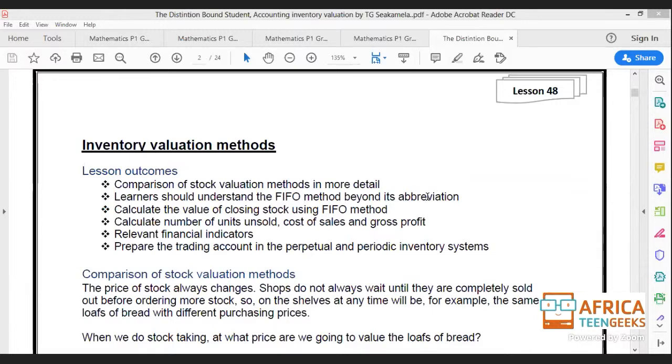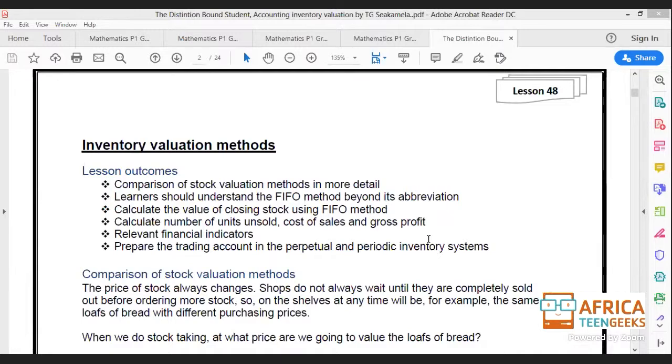You need to be able to calculate the value of the closing stock using the FIFO method. You need to be able to calculate the number of units unsold, cost of sales, and gross profit. You need to familiarize yourself with relevant financial indicators. You need to prepare the trading account in the perpetual and periodic inventory system.